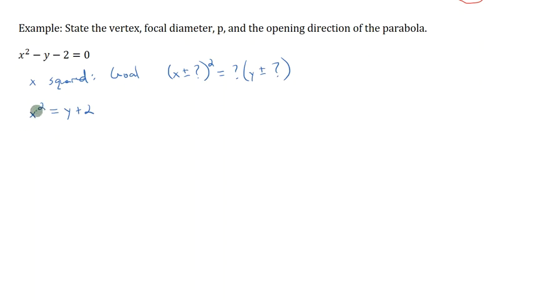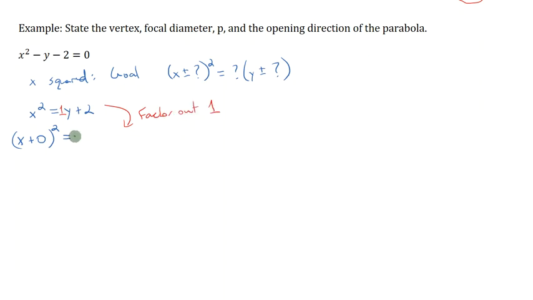I want to be able to think of this like this. If I want x plus or minus something, the best way to do that is x plus 0, because x is the same thing as x plus 0, and that's squared, equals. Over here, I need a number times y plus or minus something. I notice that y has a 1 in front of it, so I'll factor out that 1.